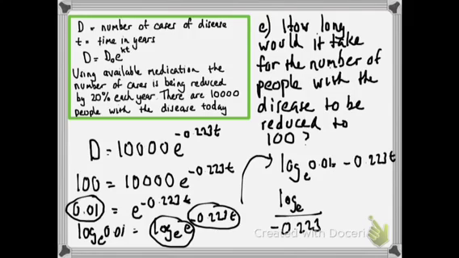So anyway, work through till we get to there. So we get log 0.01 to the base e over negative 0.223, and that's going to equal our answer, which is 20.651. So it's approximately, to the nearest year, about 21 years.